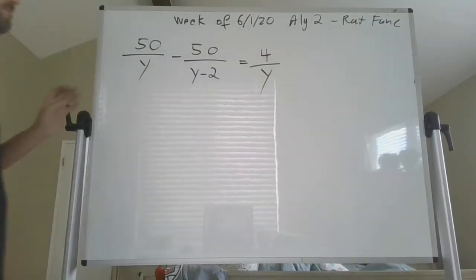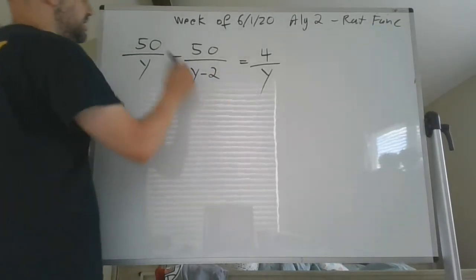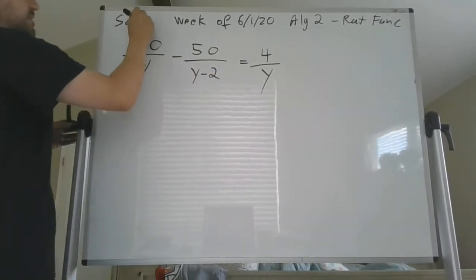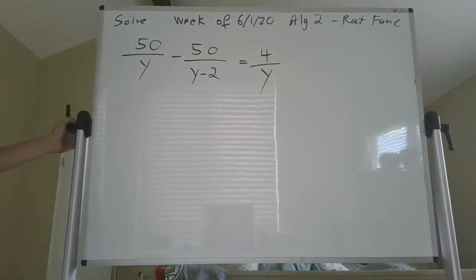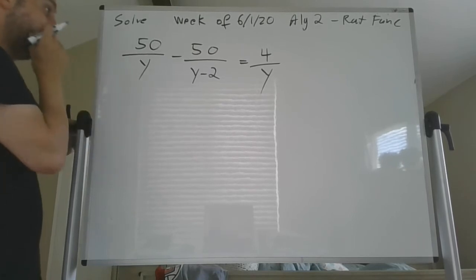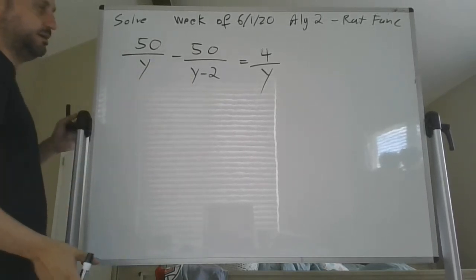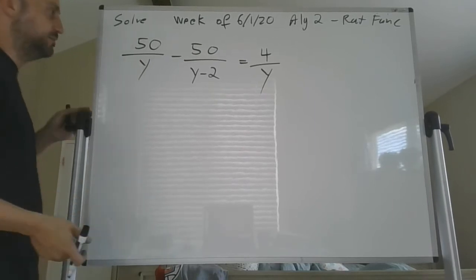All right. So the solving problem, we know that because it has an equal sign, and it's going to tell you to solve, most likely. All right. So we need to subtract these two fractions. Well, okay, what can I multiply to these to make them a common denominator? I need to multiply something to make them a common denominator.